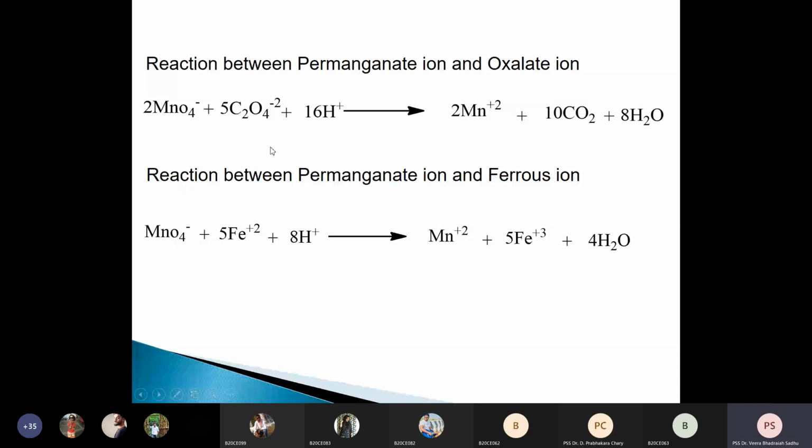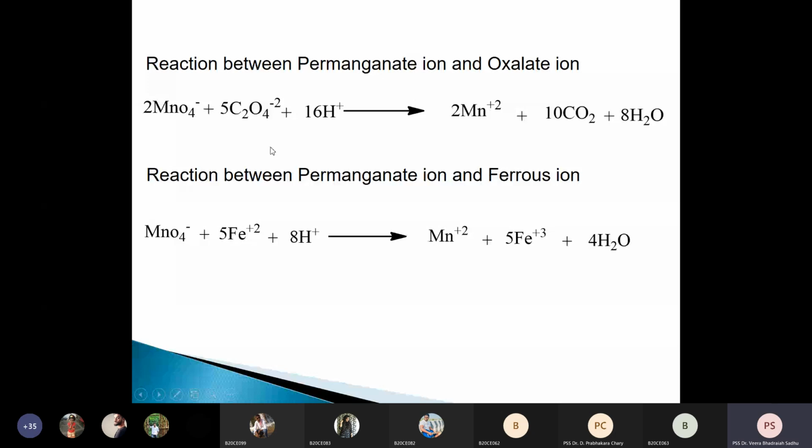You require 2 moles of KMnO4 to react with 5 moles of oxalate. In the case of the ferrous ion reaction, 1 mole of KMnO4 reacts with 5 moles of ferrous ions.